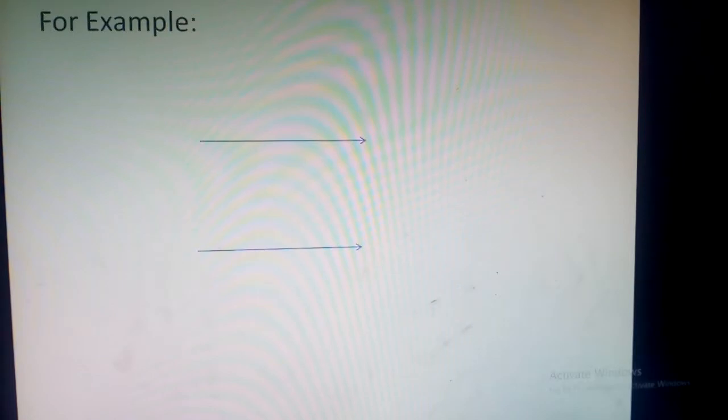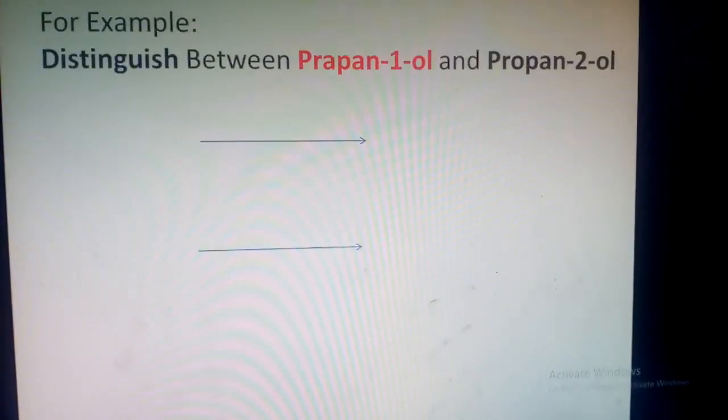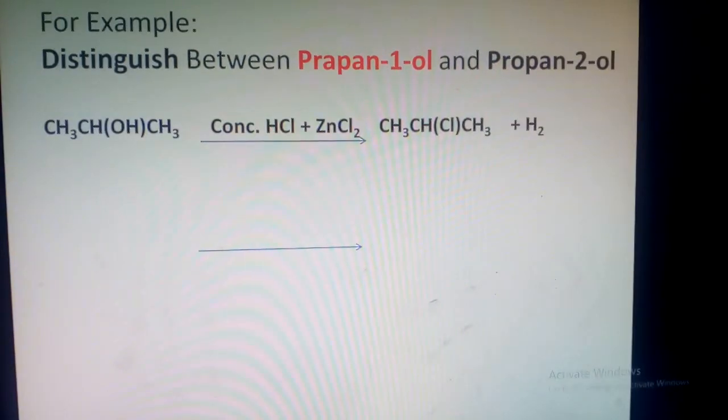For example, we can use this test to distinguish between propan-1-ol and propan-2-ol. Propan-1-ol is an example of a primary alcohol and propan-2-ol is an example of a secondary alcohol. So propan-2-ol, when reacted with Lucas reagent, will form 2-chloropropane and give turbidity in 5 minutes.